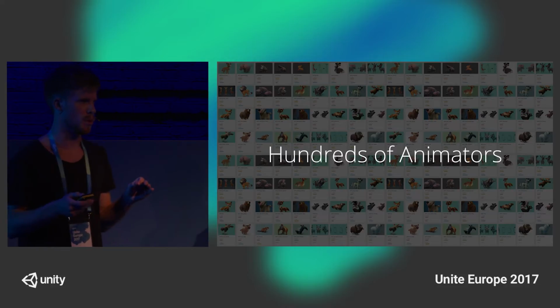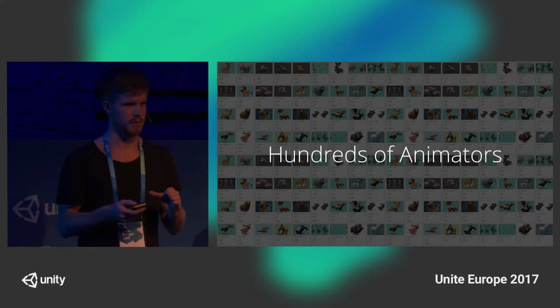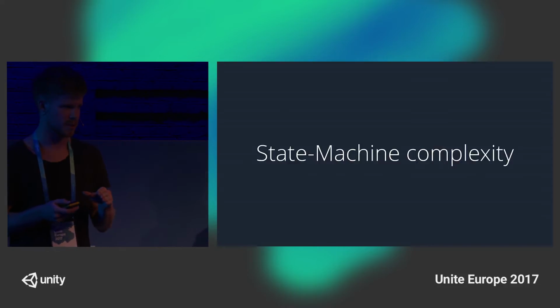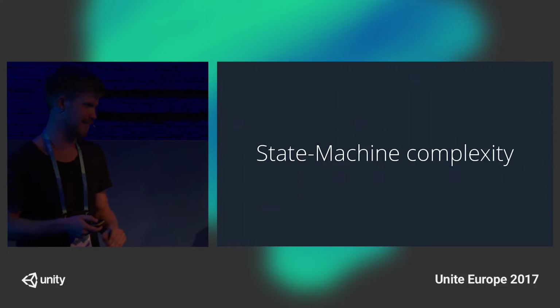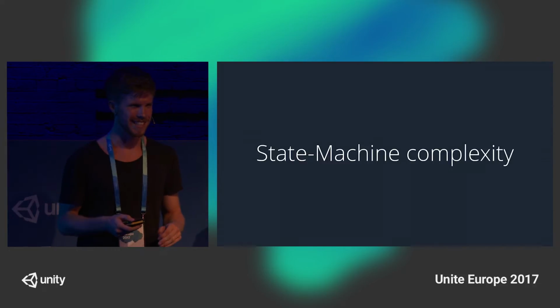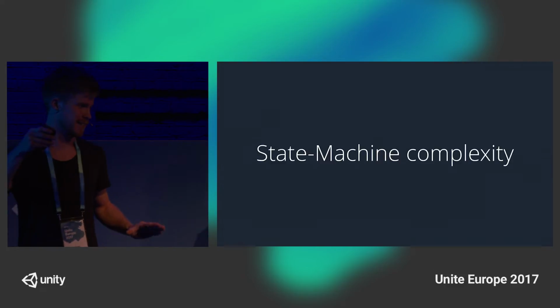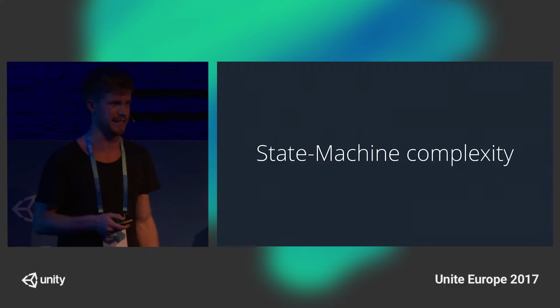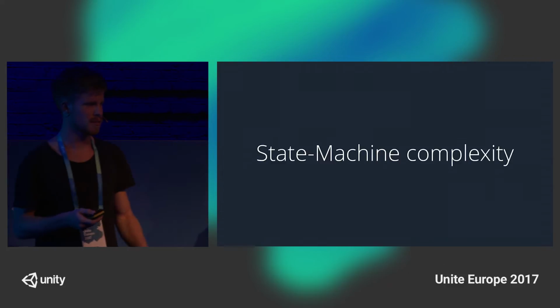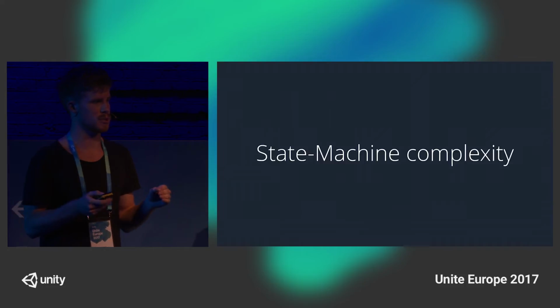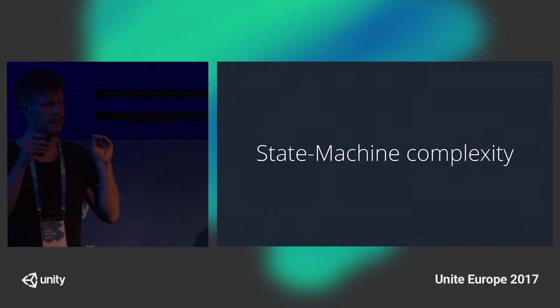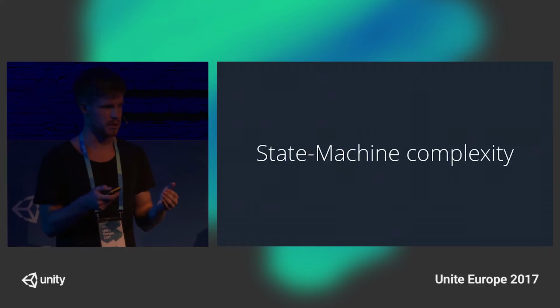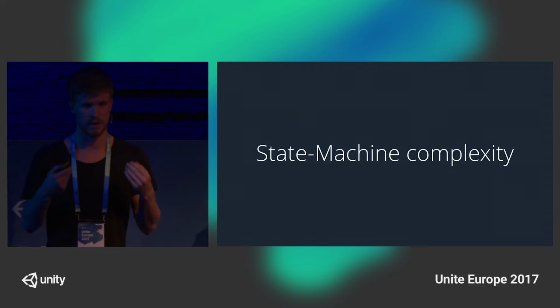Besides, we also saw that even though in the prototype it was still pretty good, those things tend to get quite complex. You just have to Google it, Mecanim state machine, and you will find what I mean. They're huge, right? They're absolutely huge, and ours is tiny in comparison to some of them. The nice thing with Mecanim is that it's a super complex system, so that's amazing. And in the beginning, it is super simple to make things. You can quickly prototype, you can quickly test out things.